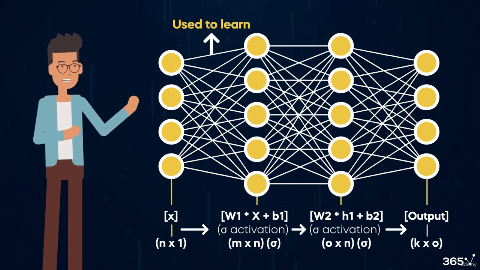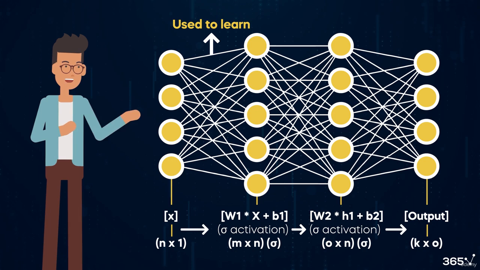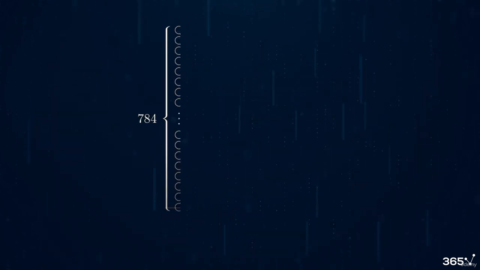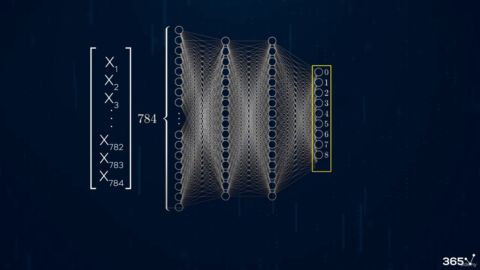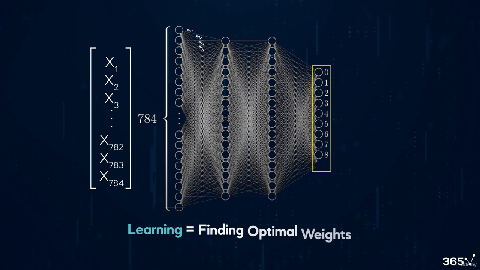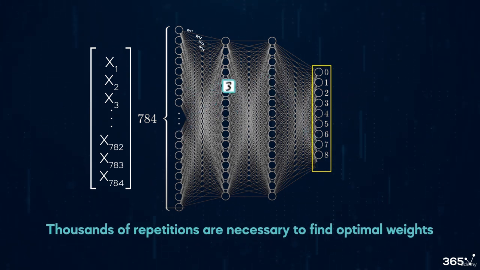These transformations occur through a mix of weights and nonlinear operations, with optimal weight combinations across all nodes enabling learning. This method translates the input via various layers, refining the information before it generates a result. Learning occurs by designing a system that identifies optimal weights and biases to solve a specific problem, involving thousands of repetitions to discover the best combination.